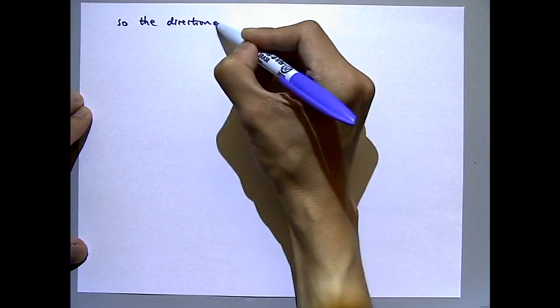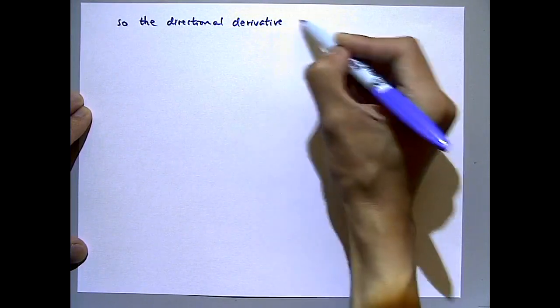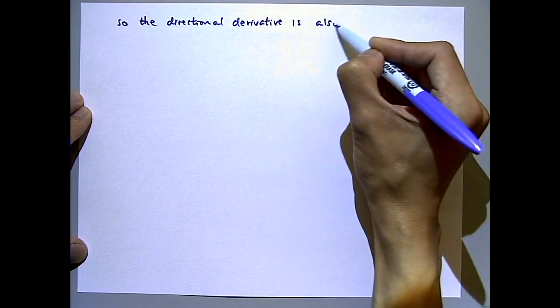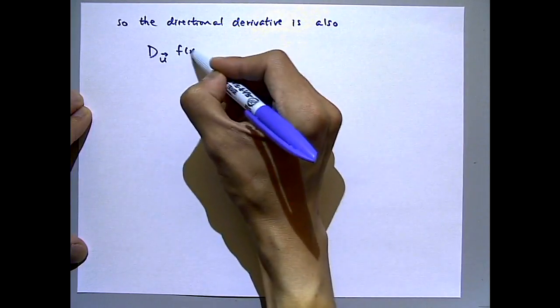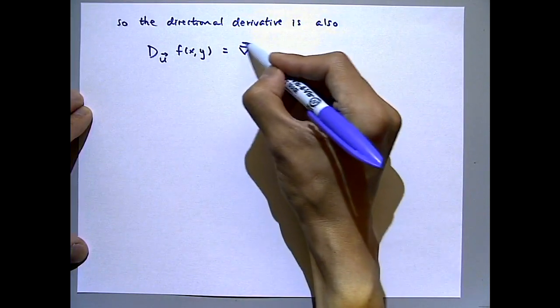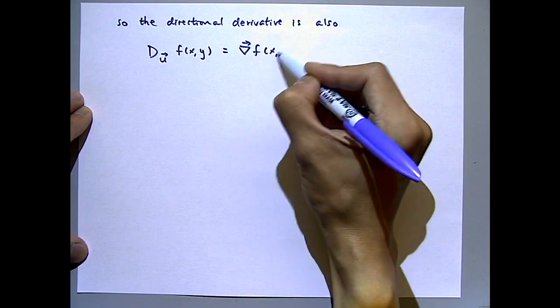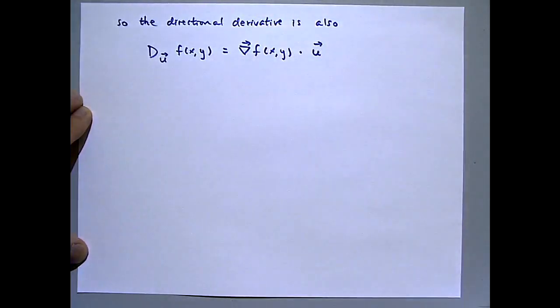So therefore, the directional derivative is also simply the gradient vector dotted with the unit vector u. Okay, now you've got two different formulas that you can work with.